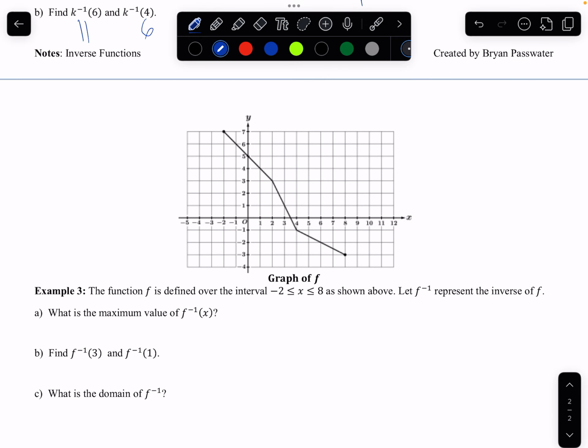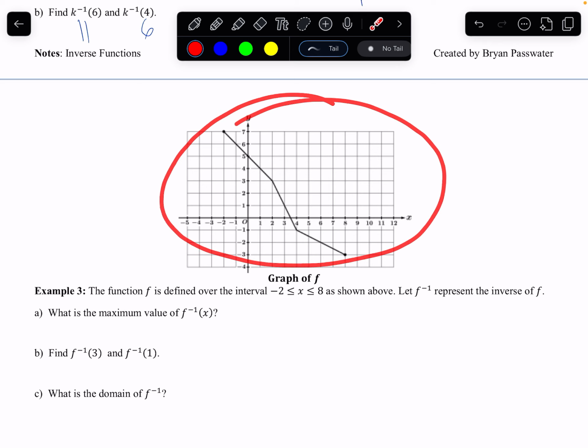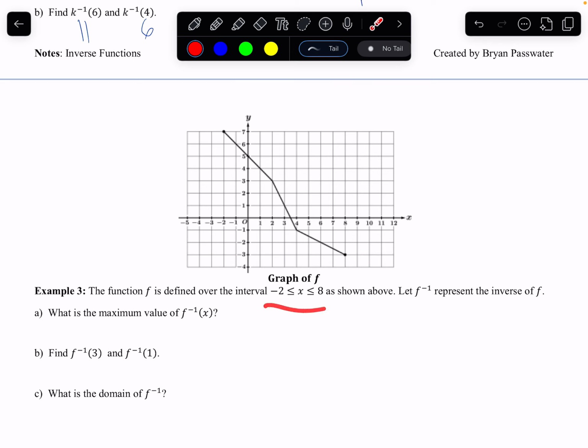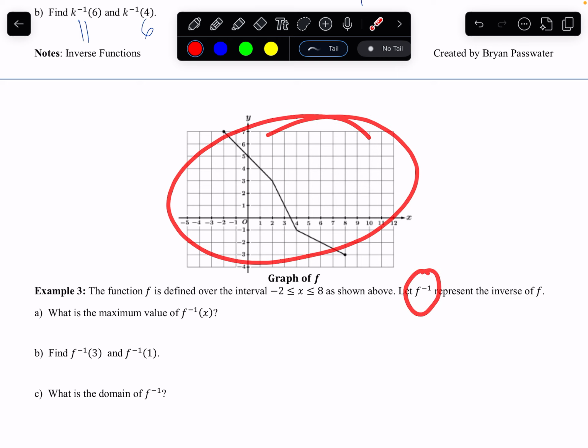Example 3. The function f, so this is the function f, is defined over this interval. This is the inverse of f. That's what it's saying right here. This represents the inverse of f.